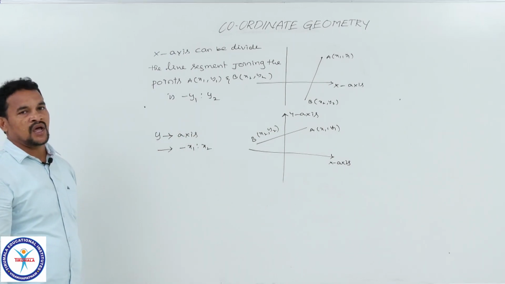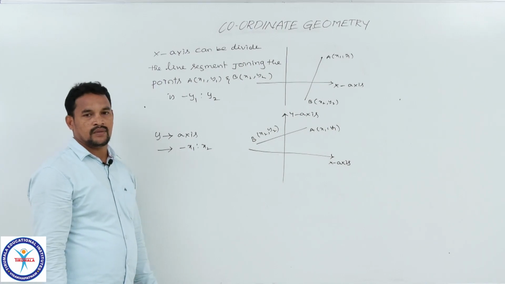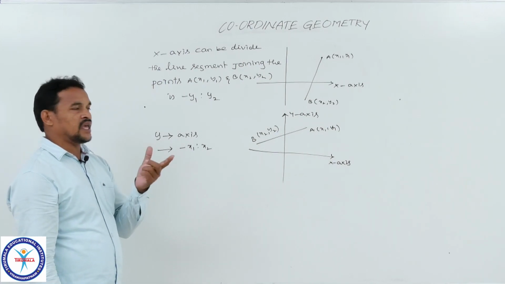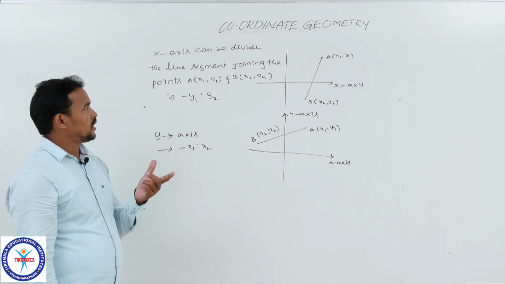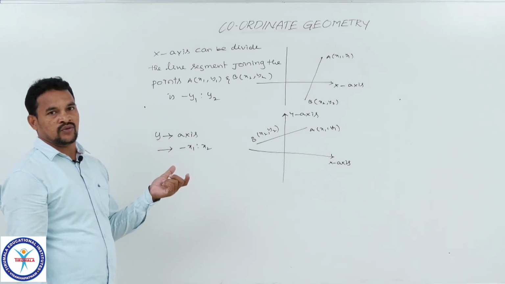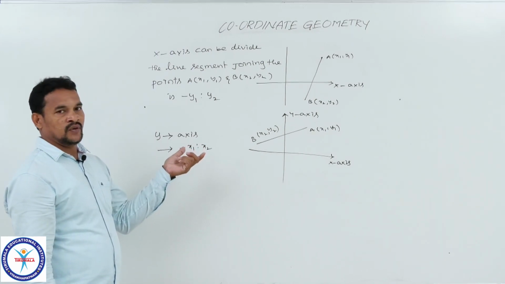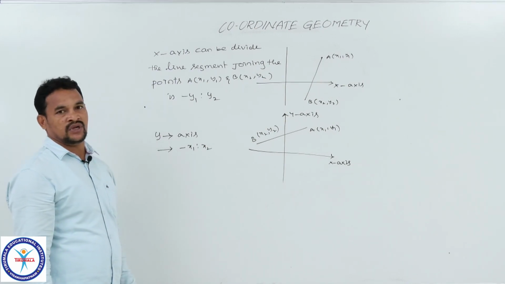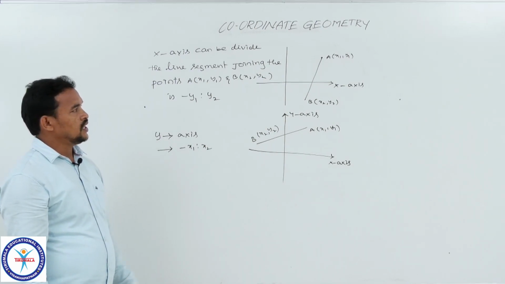So based on the section formula, up to now what we learned: the point P of x comma y divides the line segment AB joining the points x1 comma y1 and x2 comma y2 internally, then its coordinates we already learned. And if it is divided externally, both internal and external cases we already learned.